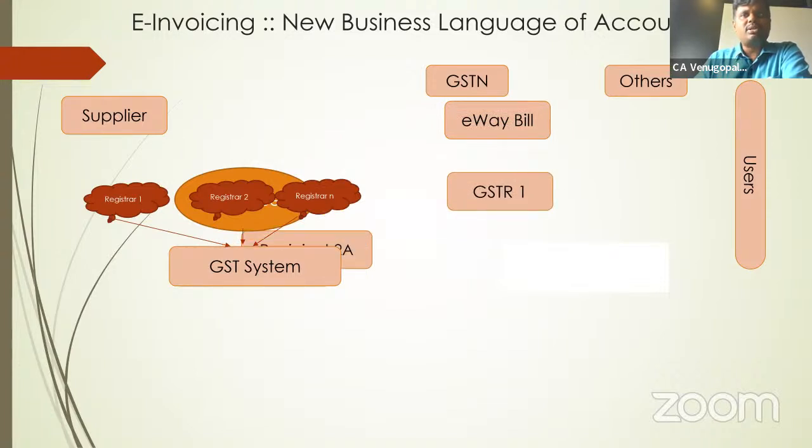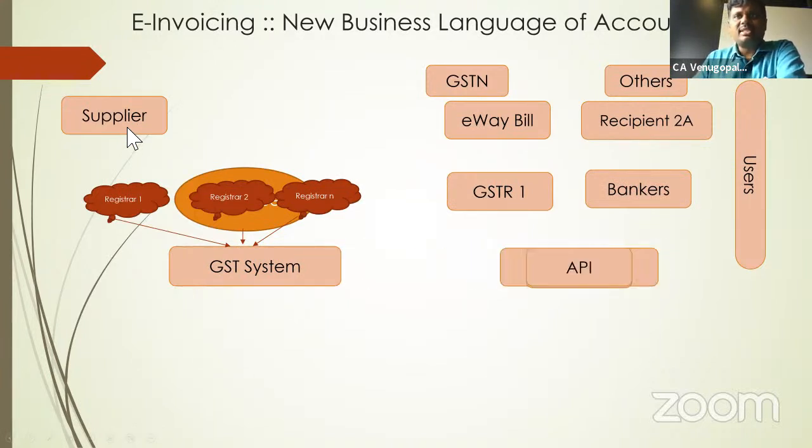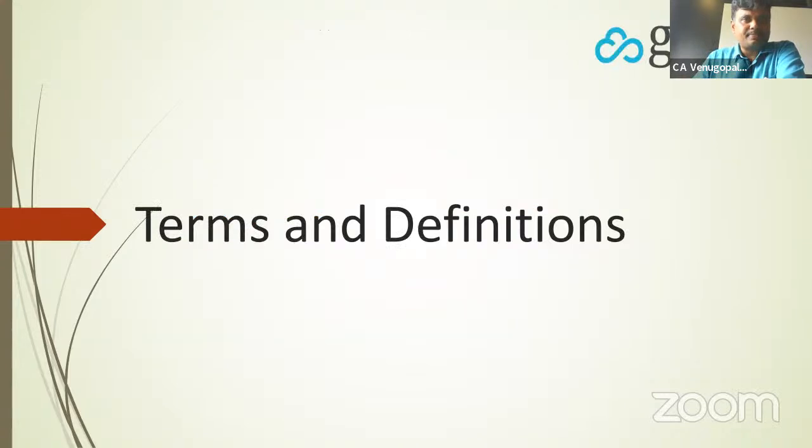It will also publish to the GSTR1, which means it is live available to the recipient in GSTR2A. It also has a facility to connect to the bankers for banking and other activities. The transaction posting can be happening automatically to the books of accounts through an API. So the e-invoicing system is more robust and more sophisticated.